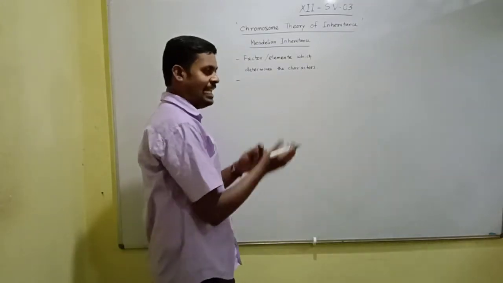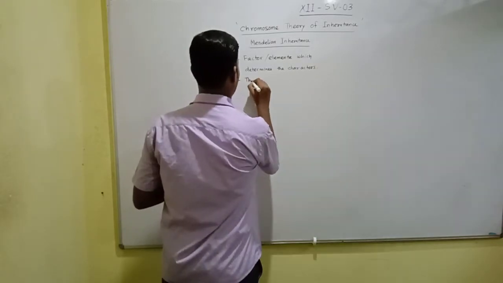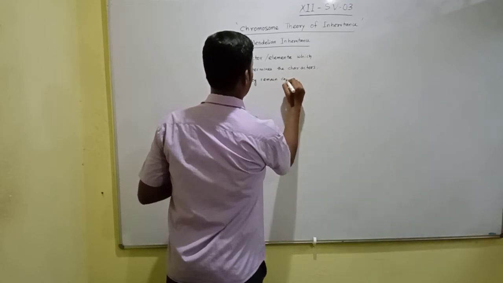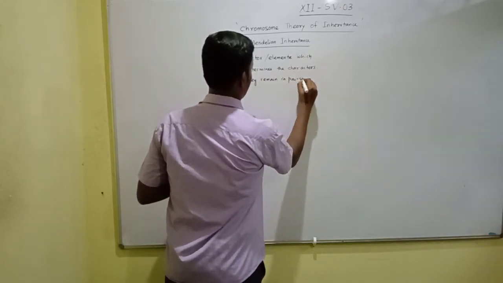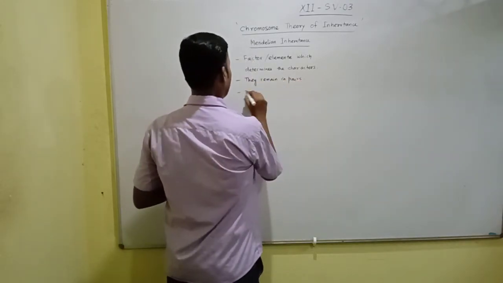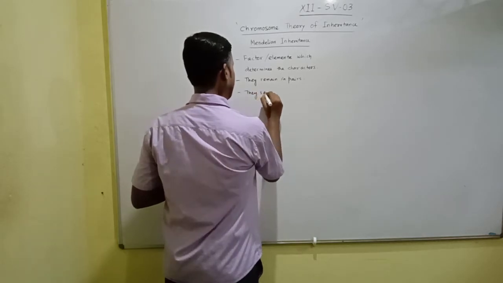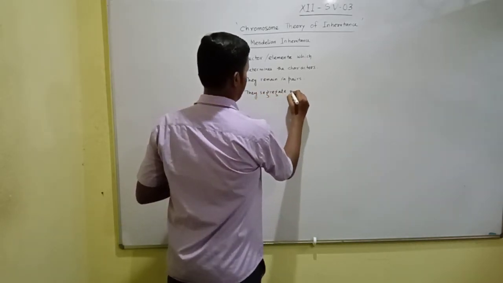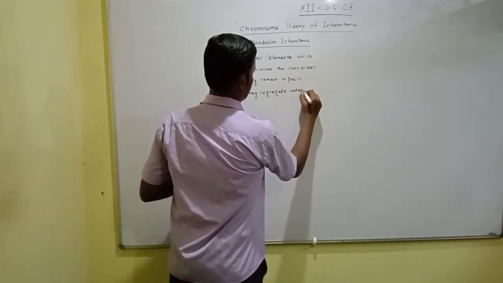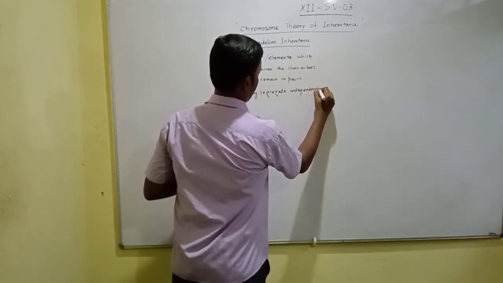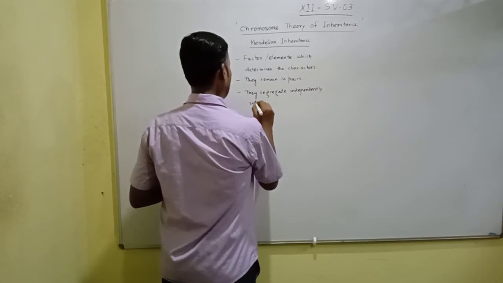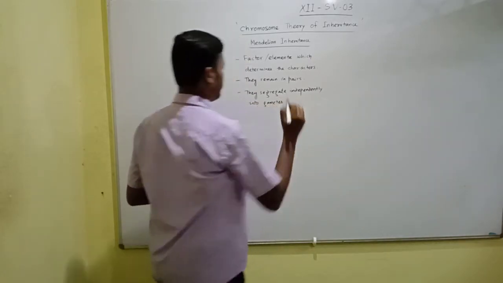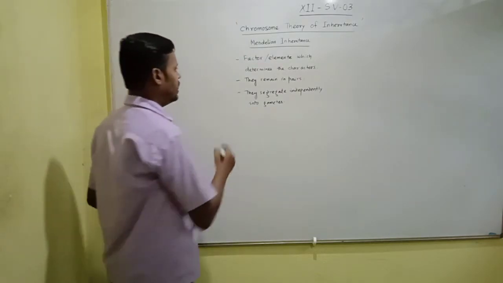Next, they exist in pairs. They segregate independently into gametes, the law of segregation. They again unite in the hybrid.